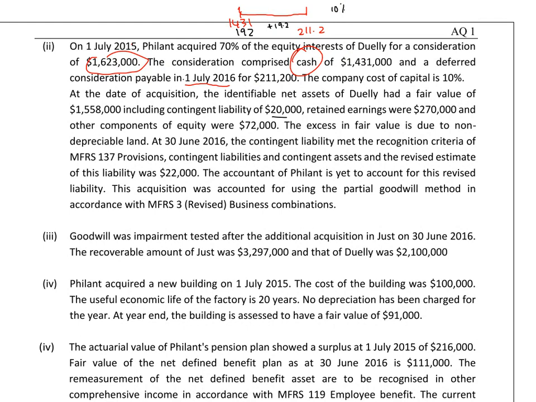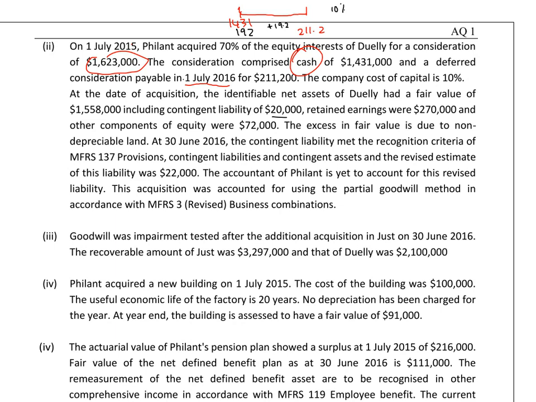So this plus this, minus the difference, is the fair value adjustment on the PPE. How much? So adjust in your PPE. This one will appear as a liability.